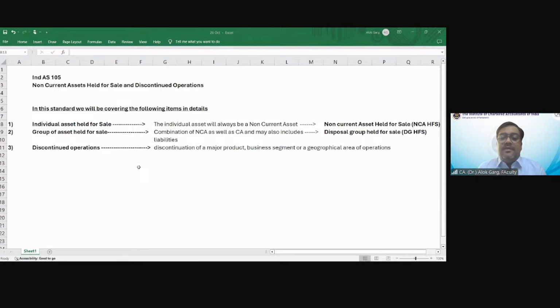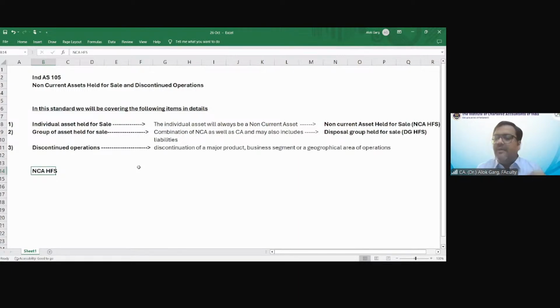Right. So NCA-HFS, what is the definition of non-current asset held for sale? Friends, non-current asset held for sale and disposal group held for sale are the same from the held for sale criteria, recognition and definition perspective.